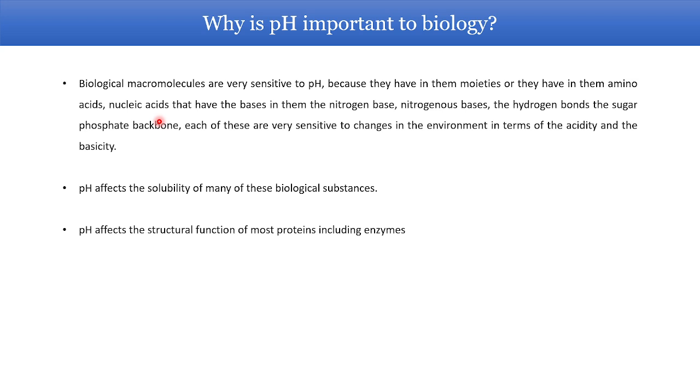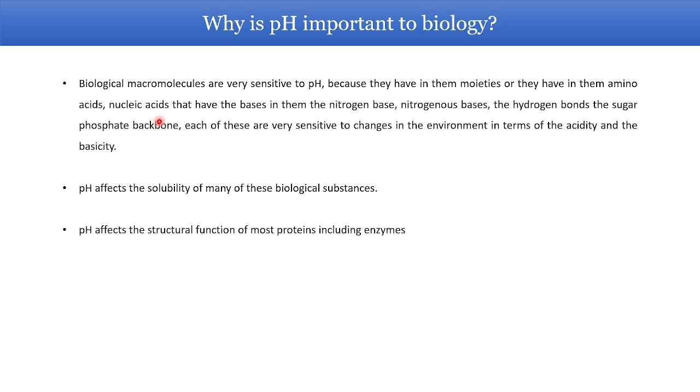Okay, so the biological molecules are very sensitive to pH because they have moieties, which include amino acids, nucleic acids, which include your nitrogenous bases, the hydrogen bonds, the sugar phosphate backbone, which are very sensitive to changes in the environment in terms of changing the acidity or the basicity of your body or the different biological substances that you are using. So the pH basically affects the solubility of these biological substances and the structural and the functional activity of the enzymes.